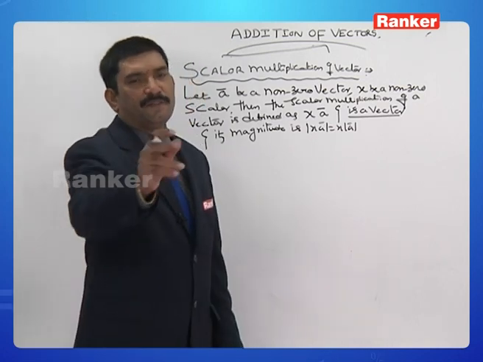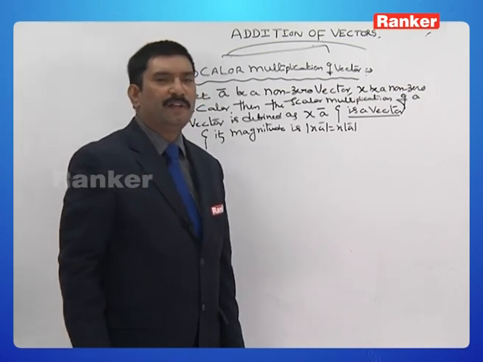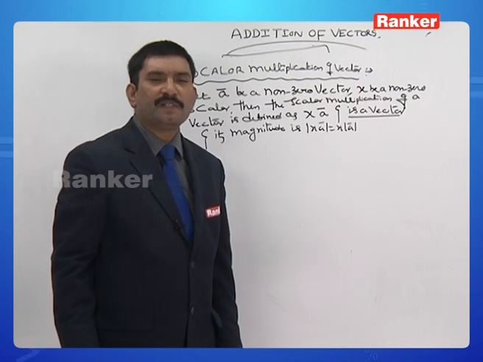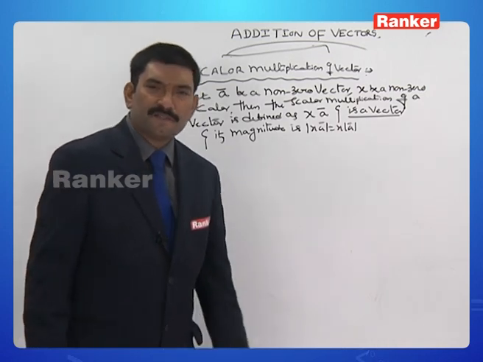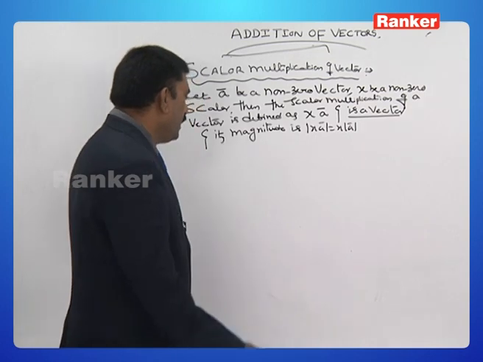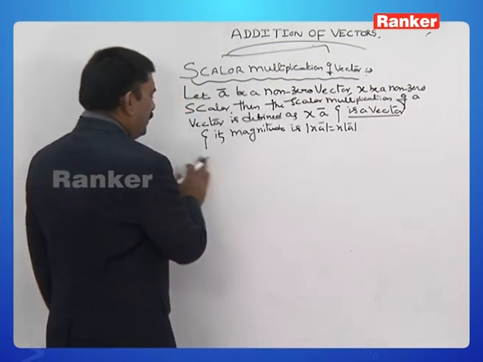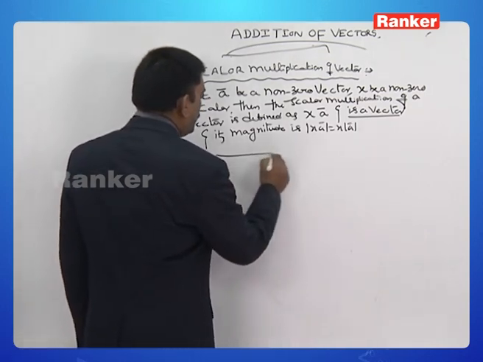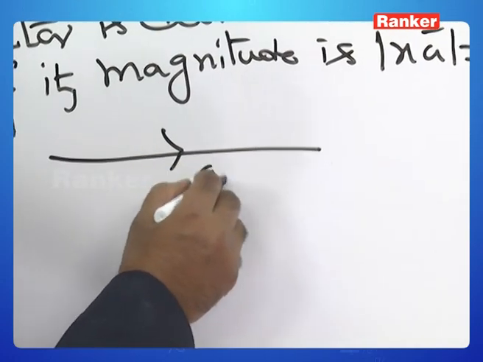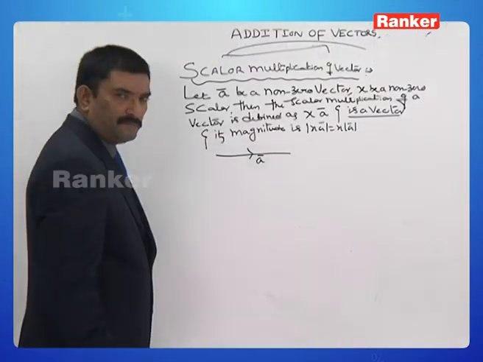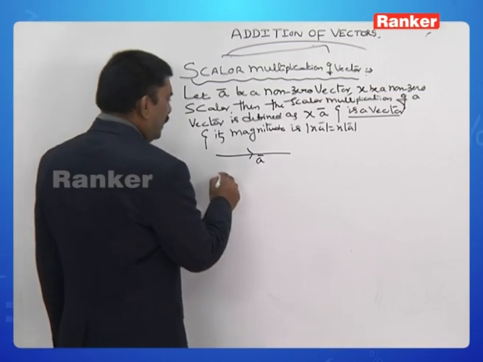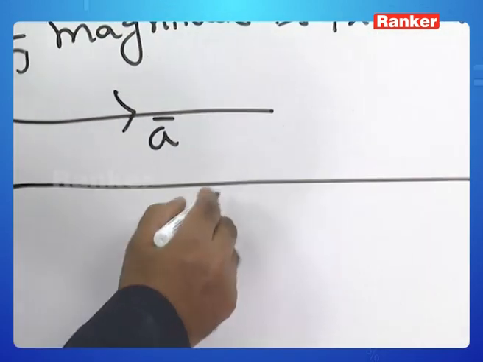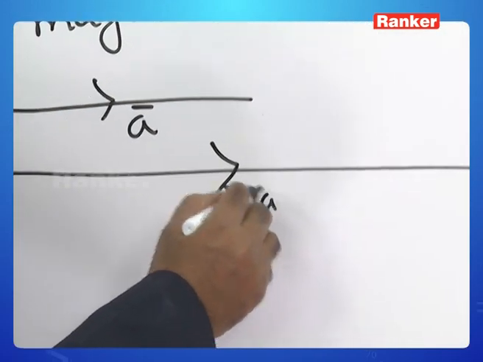If x is negative, then a bar and xa bar have opposite directions, negative vectors. So therefore, let us have the pictorial representation for this. If I take a bar, now this is nothing but, now look here, xa bar.